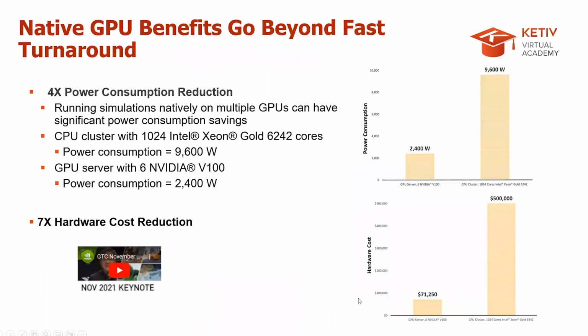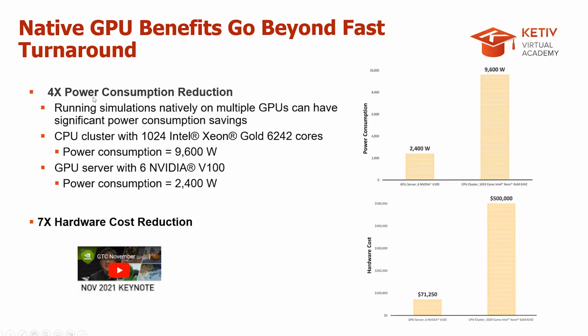Now, we're not just talking about simulation throughput, we can also talk about the advantages both in terms of power consumption and hardware cost reduction. So here on the slide, you see two graphs. When you're running simulations on multiple GPUs, you can have significant power consumption savings.